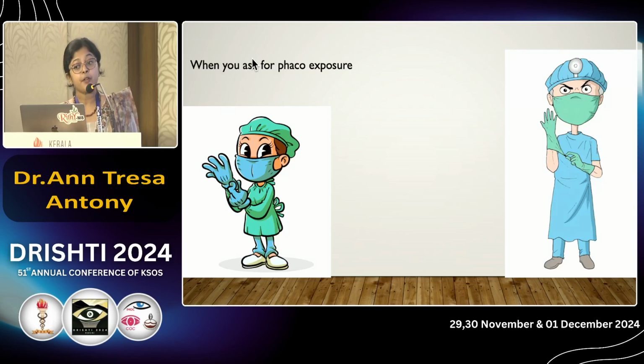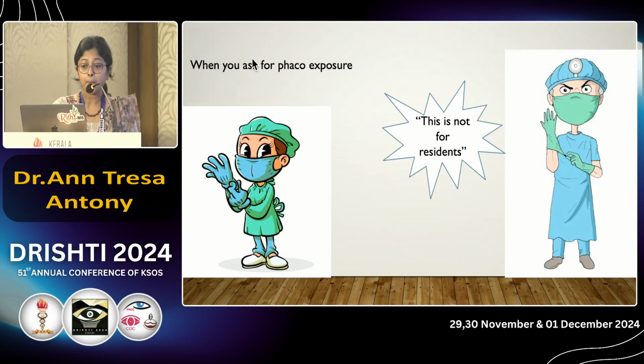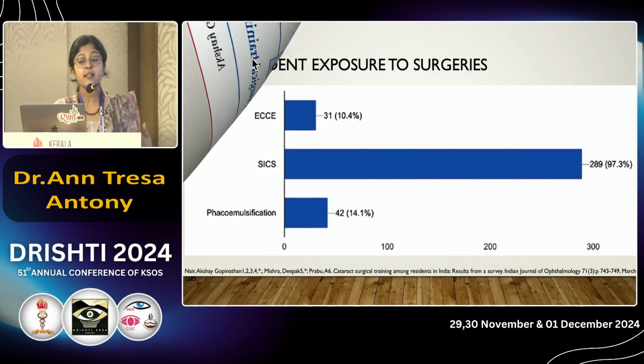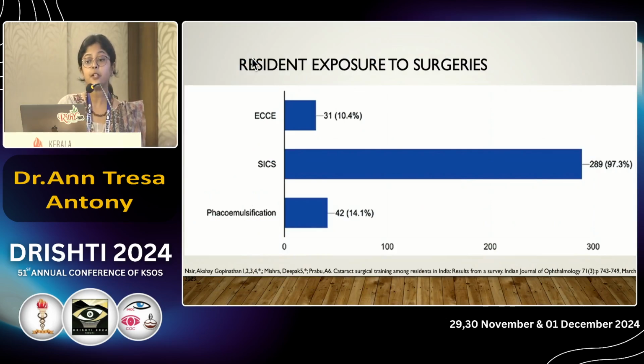And when you ask for phaco exposure during residency, this is what happens. An anonymous online survey was conducted among the ophthalmology residents of India, and the results showed that the majority of residents are getting a good number of SICS, but when it comes to phacoemulsification, the exposure is very limited.